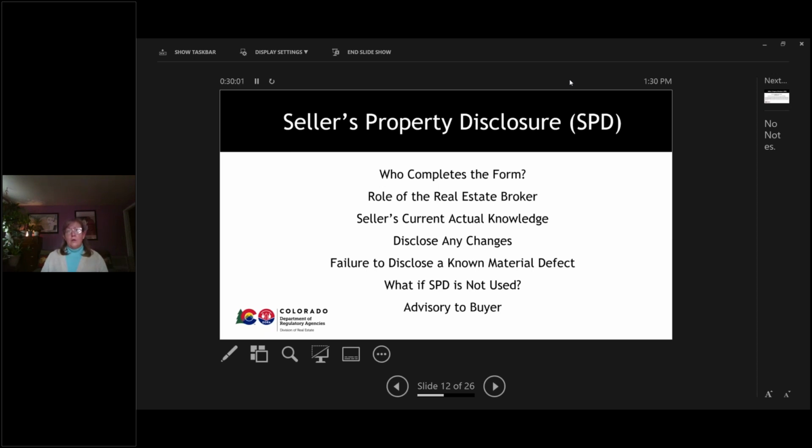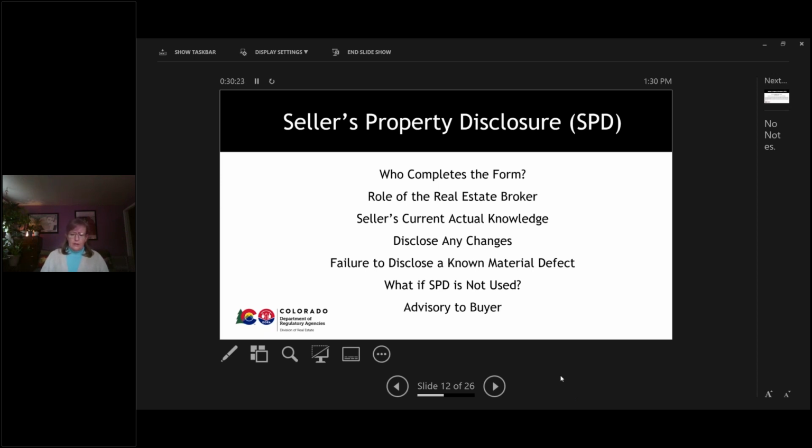With that said, though, if you don't complete a seller's property disclosure, if you are aware of adverse material conditions with the property, you still have a legal obligation to disclose those. And the disclosure that we deal with, the seller's property disclosure, is your current actual knowledge. It's not what the seller should have known.